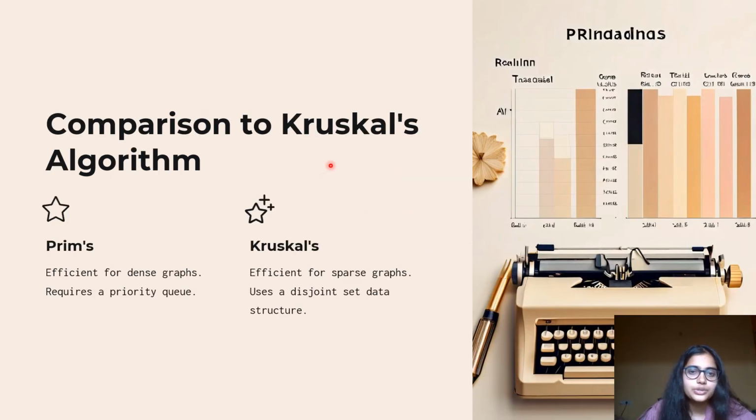In comparison to Kruskal's algorithm, Prim's is efficient for dense graphs and requires a priority queue. Kruskal's algorithm is efficient for sparse graphs and uses a disjoint set data structure.